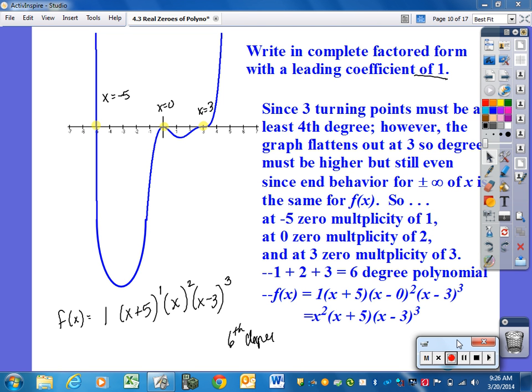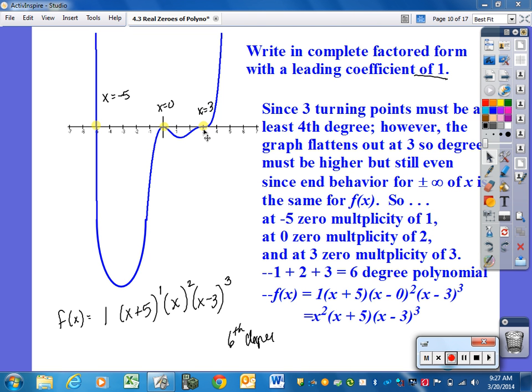I have 1, 2, 3 turning points, and this one is an inflection point, so that acts as 2 turning points. So 5 total turning points would mean a 6th degree as well.